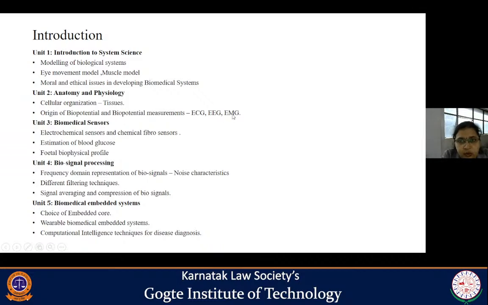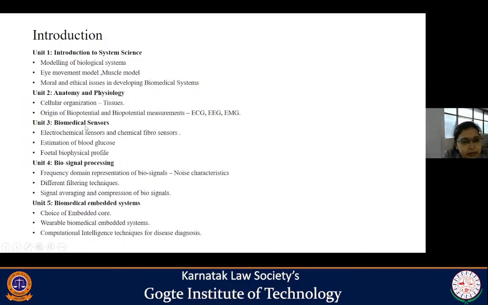EMG is with respect to muscles, that is electromyography. Students will be learning these three techniques in detail in this unit, which is quite interesting. Students can even take some course project on these topics, and they can even have a survey.